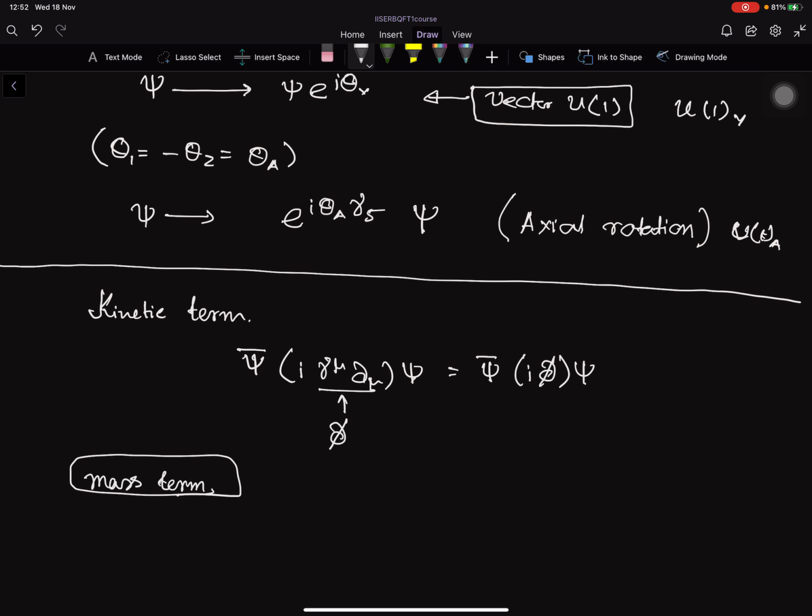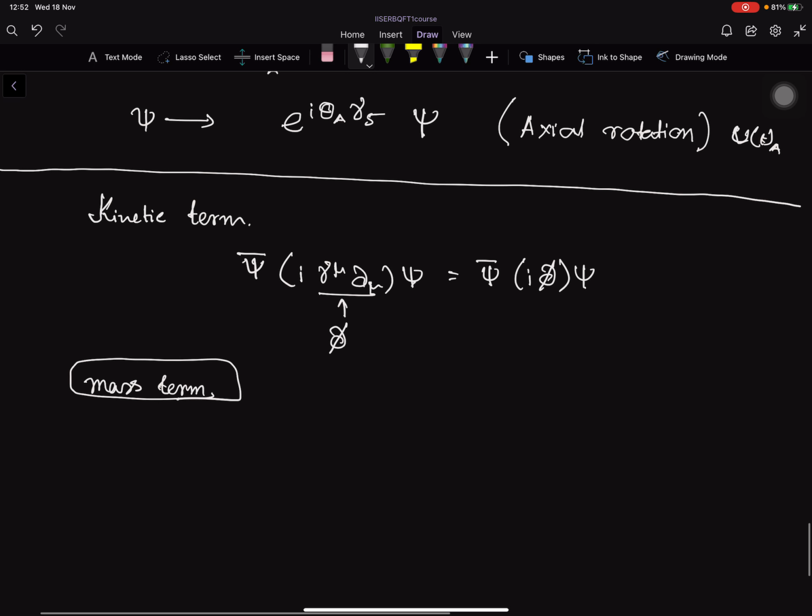Now about the mass term. The Dirac mass term, we discussed it at length in detail. In this basis it simply becomes m psi bar psi. If you remember how we got the Dirac mass term, let me remind you.